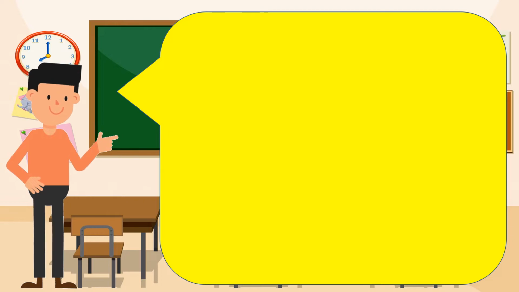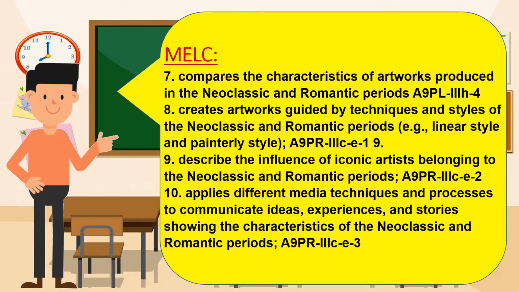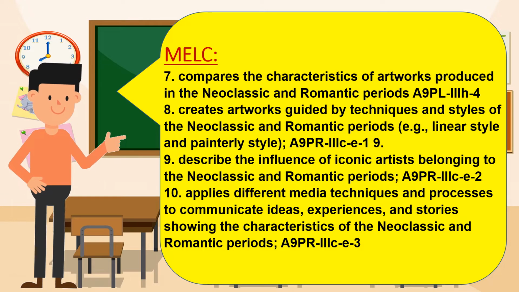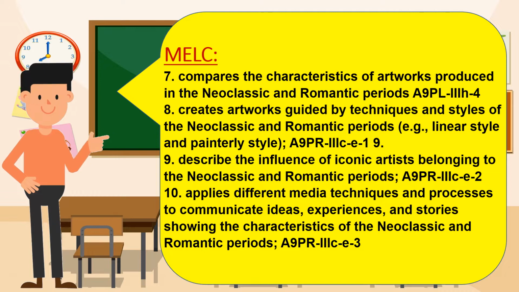To start with, let us have our most essential learning competencies. Compares the characteristics of artworks produced in the neoclassic and romantic periods. Creates artworks guided by techniques and styles of the neoclassic and romantic periods. Describe the influence of iconic artists belonging to the neoclassic and romantic periods.